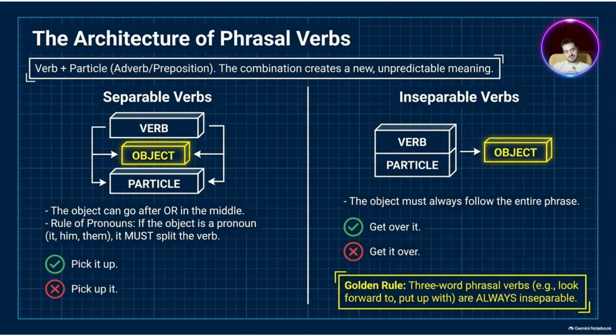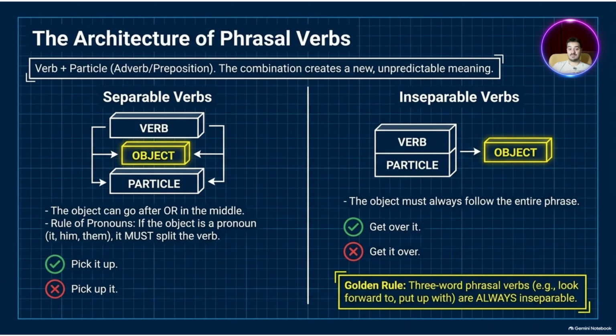If we talk about separable verbs, the object can go after or in the middle. What do we mean by the object? For example, as you can see in the example, we have pick it up. The word it in this case is the object. However, we have one specific rule of pronouns.